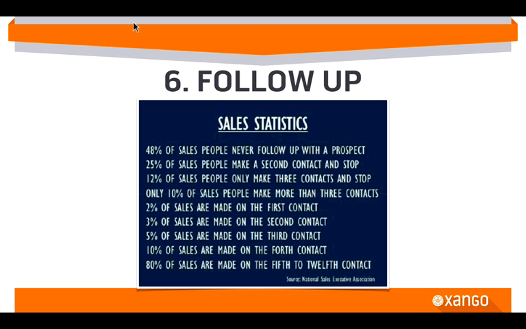3% of all sales are made on the second contact. 5% of all sales are made on the third contact. 10% of sales are made on the fourth contact. And then here's the statistic that I absolutely love. 80% of all sales are made on the 5th to 12th contact. 80% of all sales.